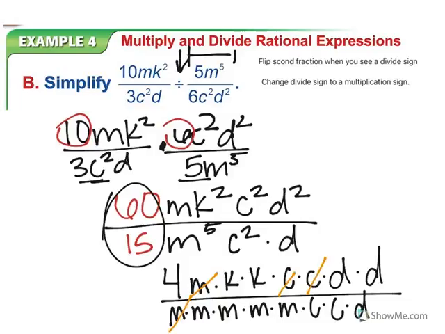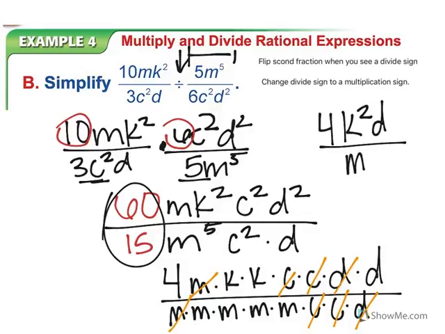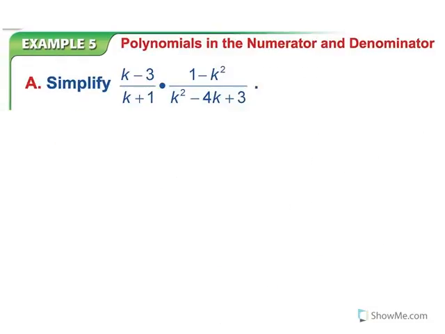We have no k's. We have 2 c's to cross out. And 1 d. So we're going to rewrite our answer as 4. We have 2 k's and 1 d on top divided by 4 m's. And that's our answer.